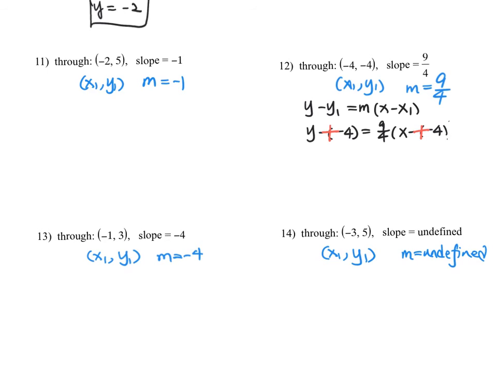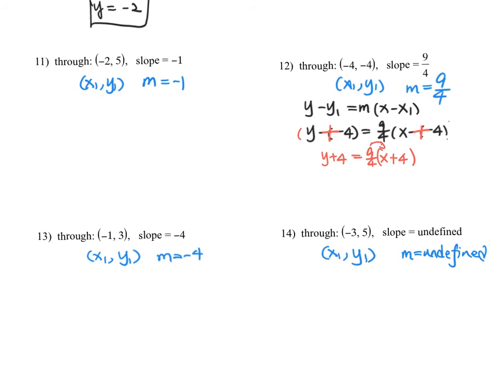I don't know why I have 2 parentheses there. There we go. So now I have y plus 4, and there's 1 parenthesis here. Oh, because I was having negative 4. Okay, I got it. So now I have y plus 4 equals 9 over 4x plus 4 inside the parentheses.